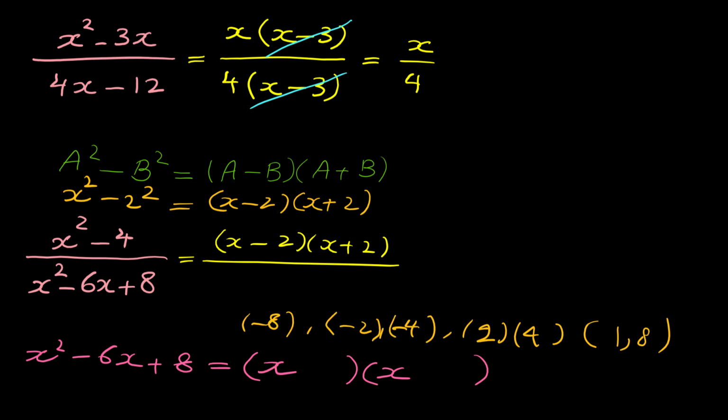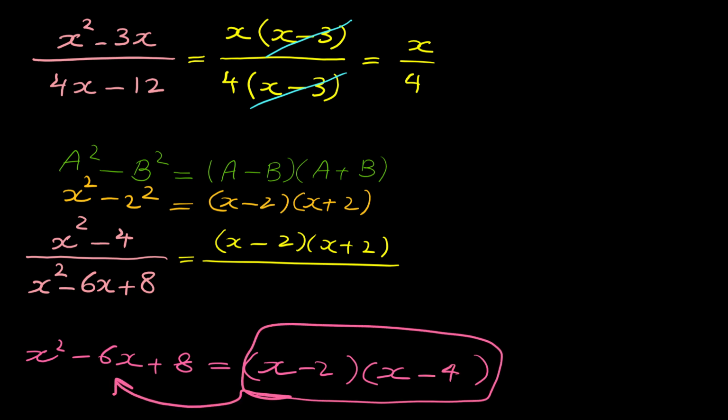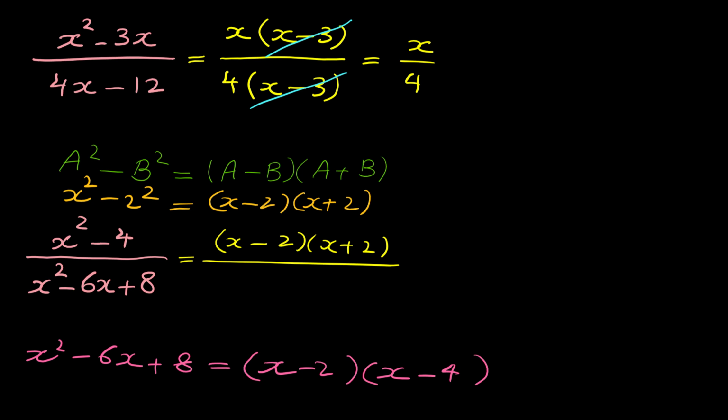So the numbers that satisfy these conditions are negative 2 and negative 4. So this is the factored form of this trinomial. If you want to learn more about factoring trinomials and other techniques for factoring, watch my video about factoring. I have a full video about factoring.